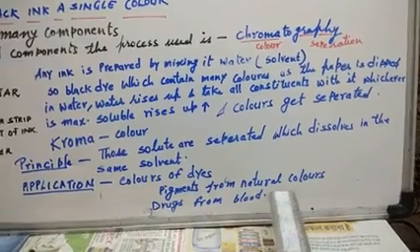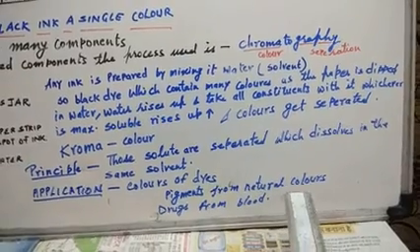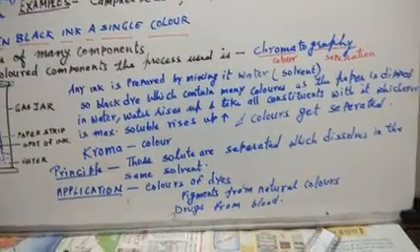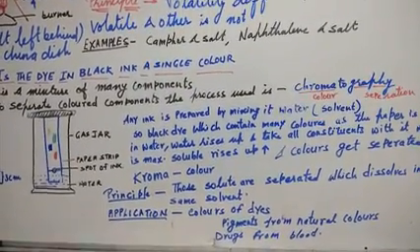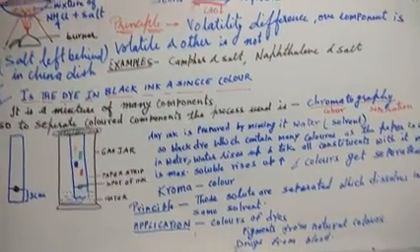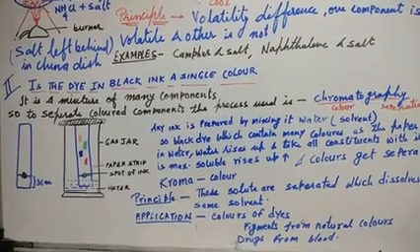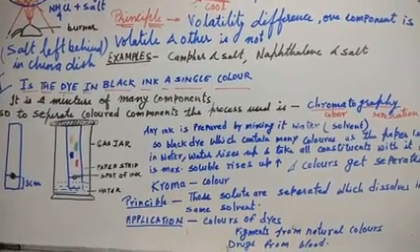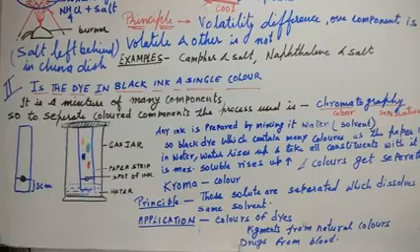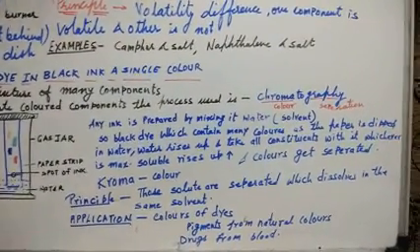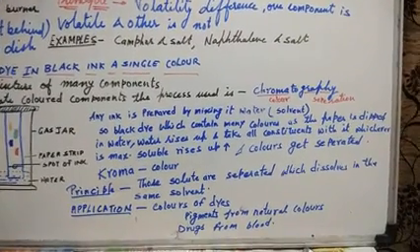Students, as you observe, a leaf is green in color, and when you take an extract of the leaf, पत्तियों का extract आप निकालेंगे वो भी आपको green दिखेगा, but when we take a spot of that green extract on a chromatography paper and perform this process, you will observe that different colors will be seen in that extract, like yellow, like orange. So we can separate pigments from natural colors, and also we can separate drugs from the blood.